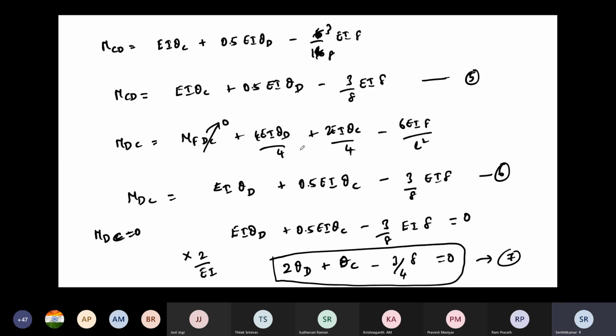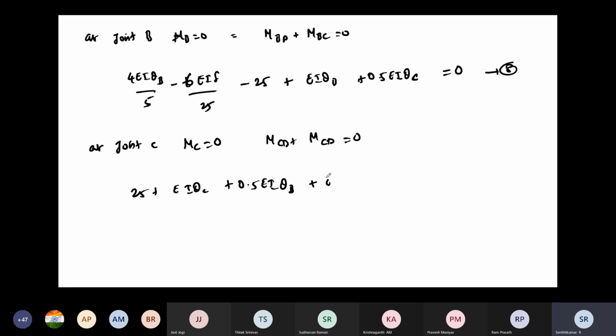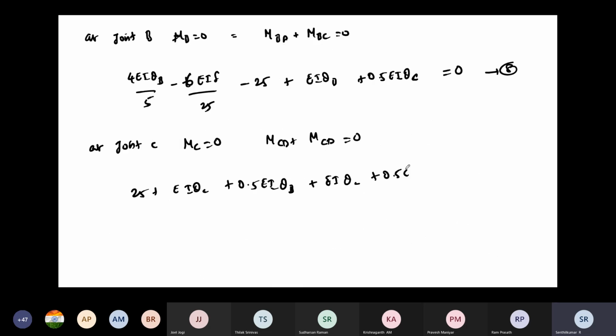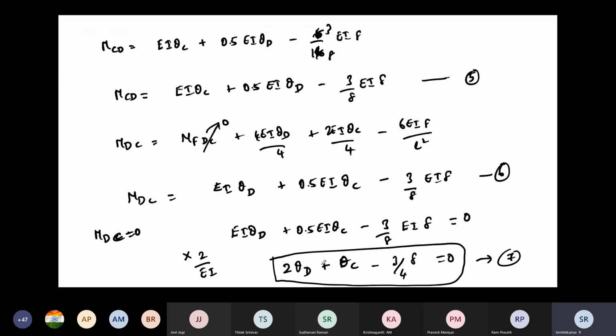Then again CD will be EI theta C plus 0.5 EI theta D minus 3 by 8 EI delta, which is again equal to 0. So you can make this as equation number 9.